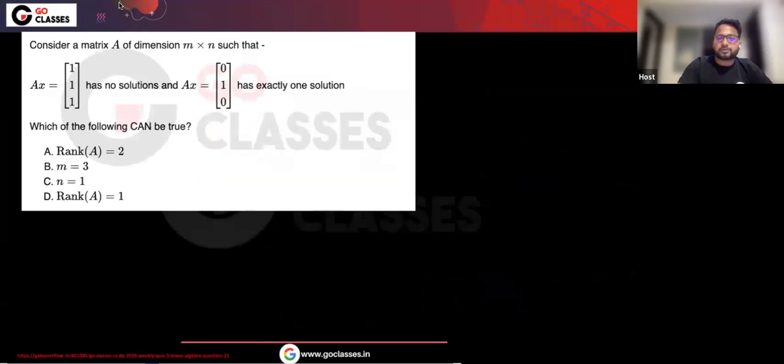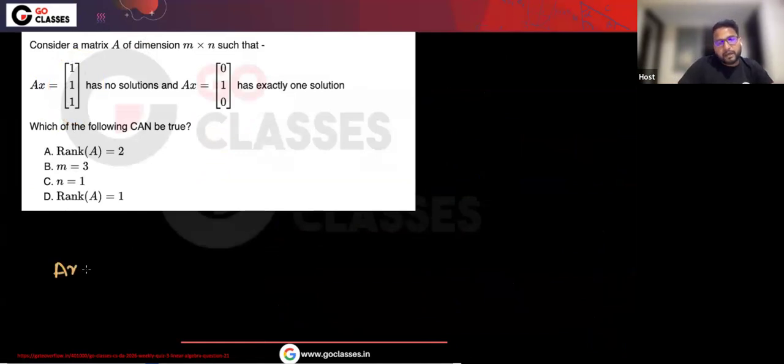Okay, now let's just see this question. This question was also quite an interesting question. So what they are saying, consider matrix A, m cross n, such that Ax equal to some vector has no solution. So don't worry about the exact vector. Now they are saying that Ax equal to b, or Ax equal to some vector, has no solution.